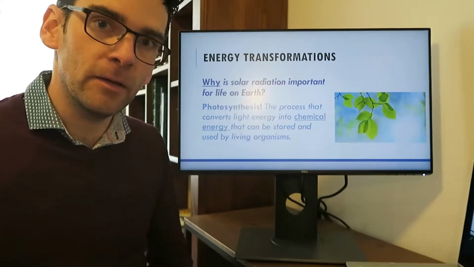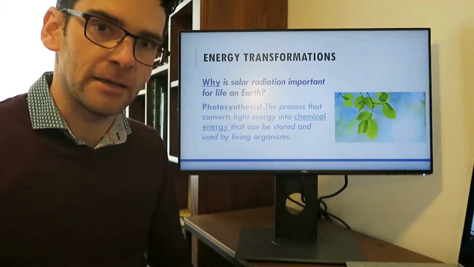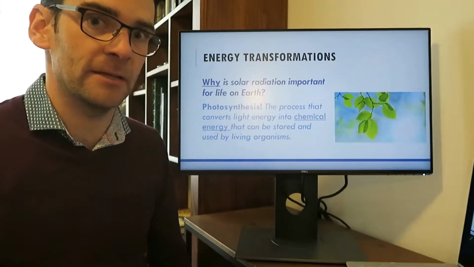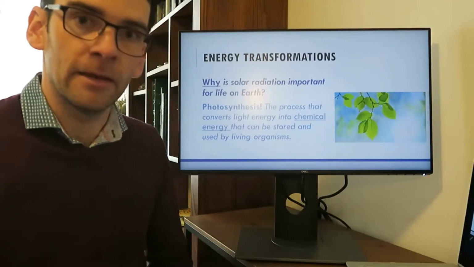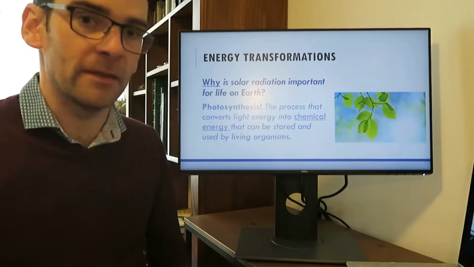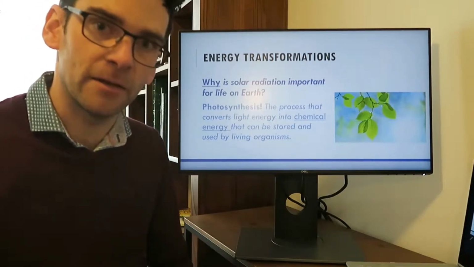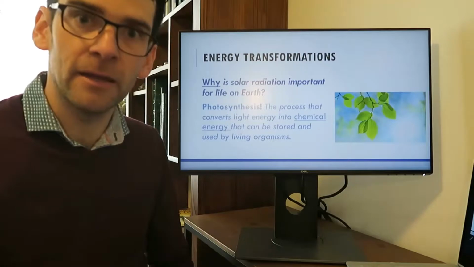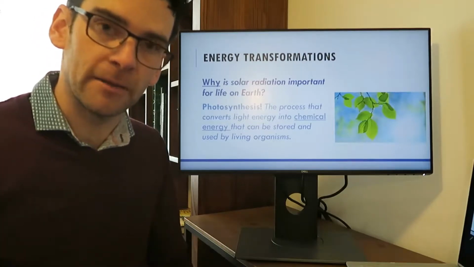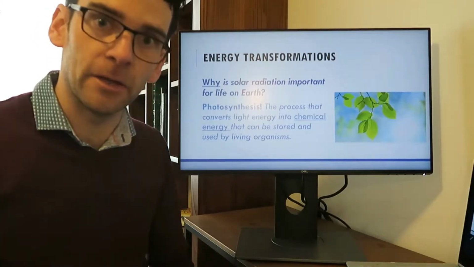Now, it's important to realize at this stage that this process isn't 100% efficient. Firstly, we've got to remember that the light coming into the atmosphere gets absorbed, filtered out, and not everything that enters the atmosphere reaches the plants or the photosynthetic organisms down on the Earth.